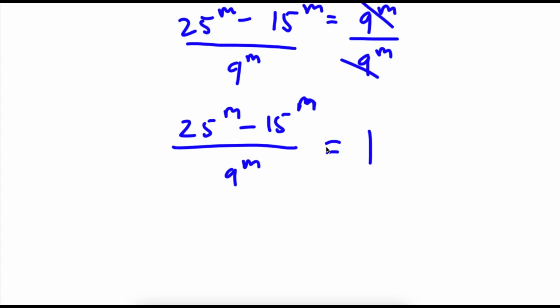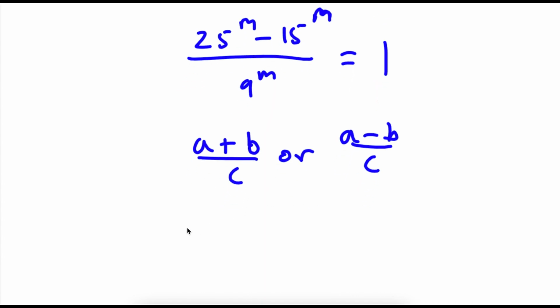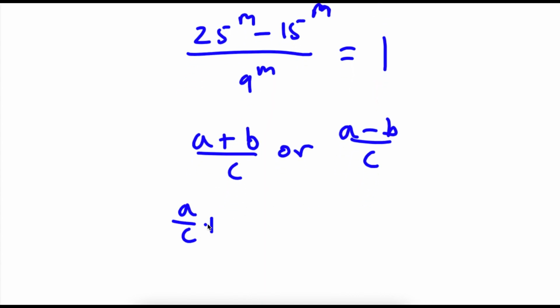Now, if I have something in the form a plus b over c, or a minus b over c, this is equal to a over c plus b over c, or a over c minus b over c.